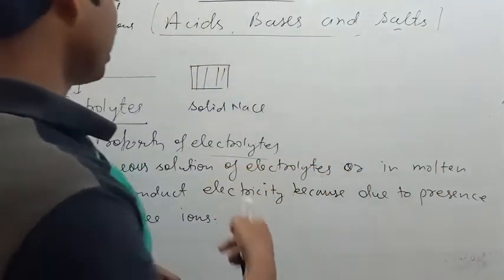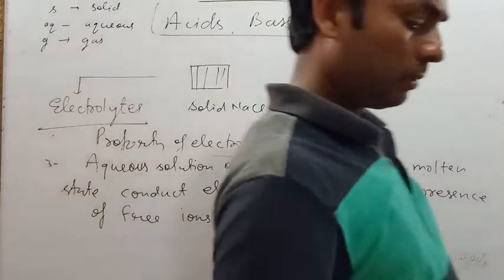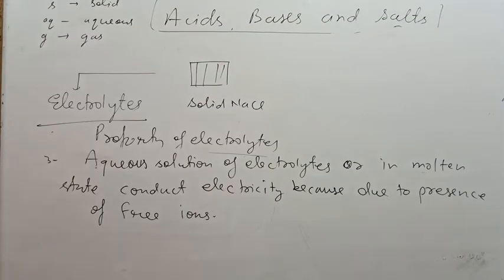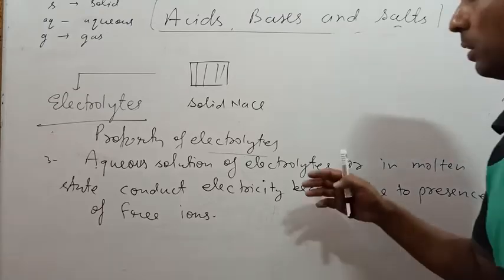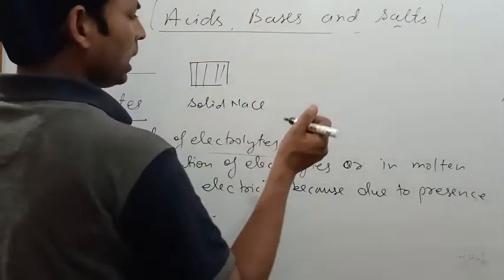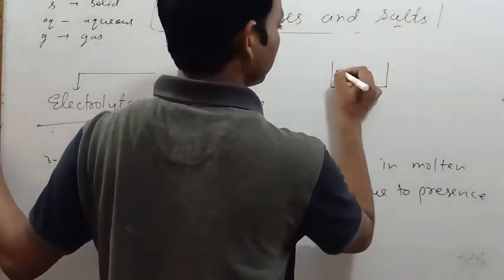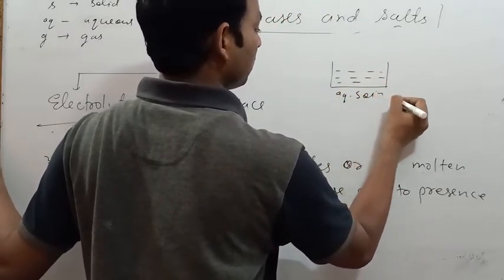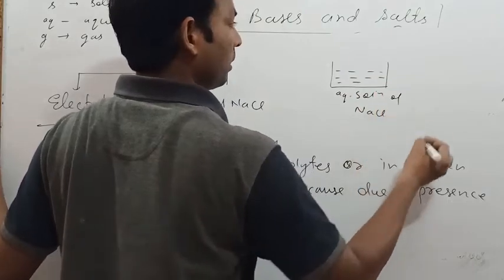Okay, first you take a screenshot, and afterwards I am going to tell. Well, students, this is solid NaCl, and I am going to take the aqueous solution of NaCl, and one battery.